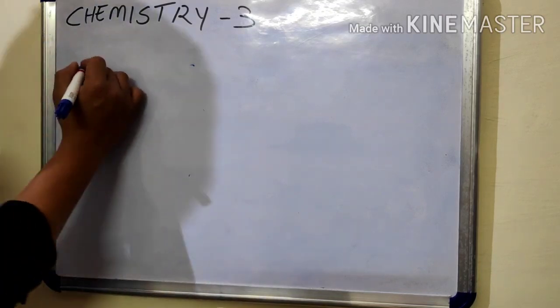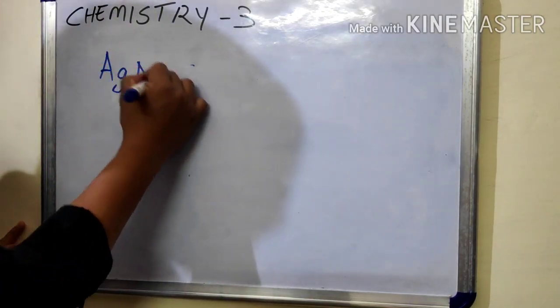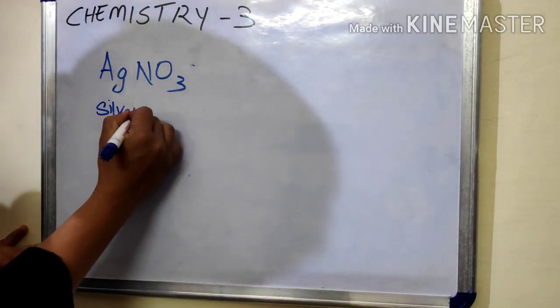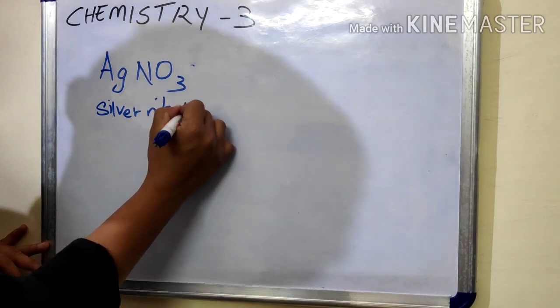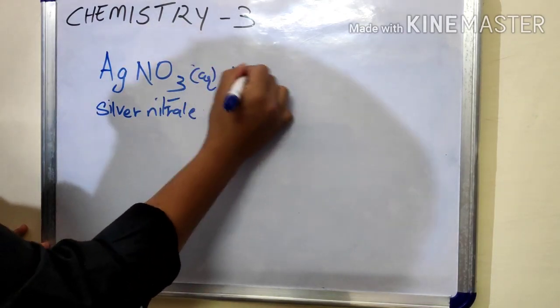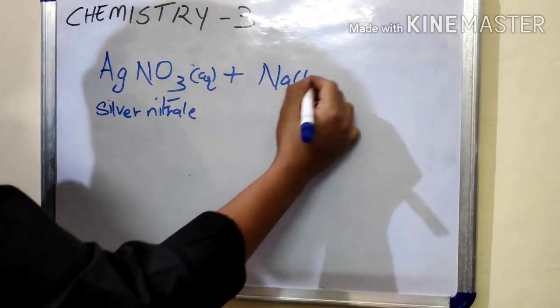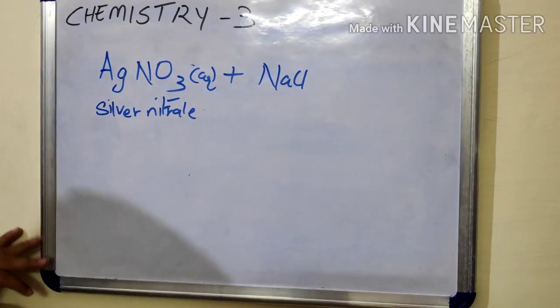First one, silver nitrate, AgNO3, we did it before also. This is silver nitrate, again existing as aqueous, plus sodium chloride, NaCl, again in aqueous state.